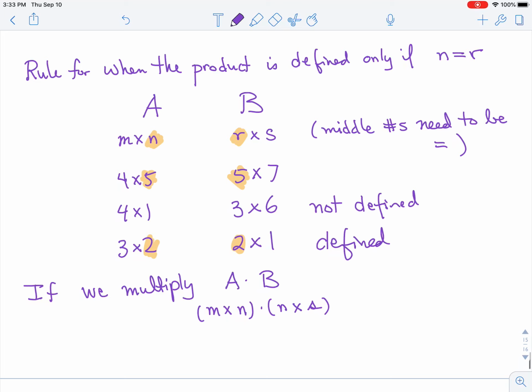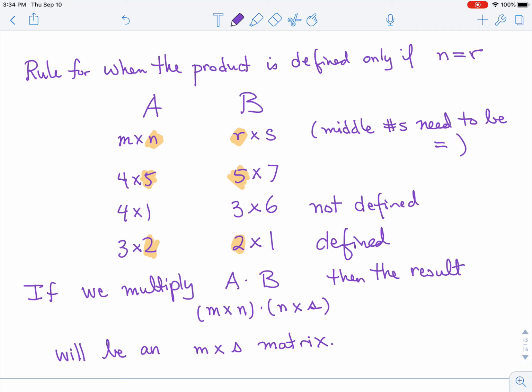So it's consistent with the other one. Then the result will be an m by s matrix. Okay?